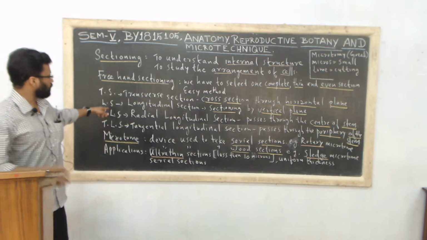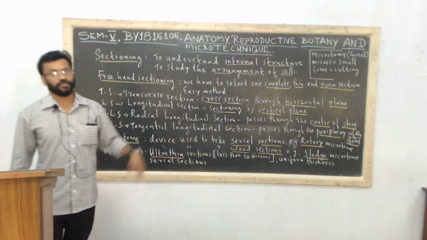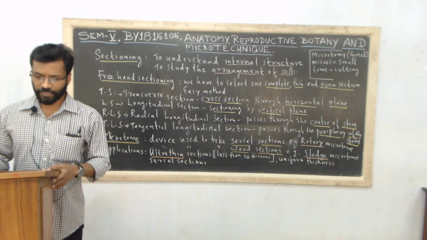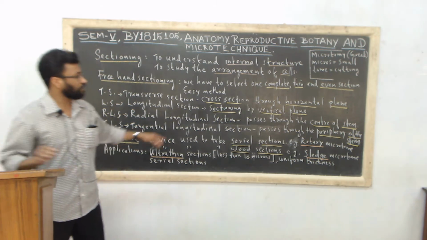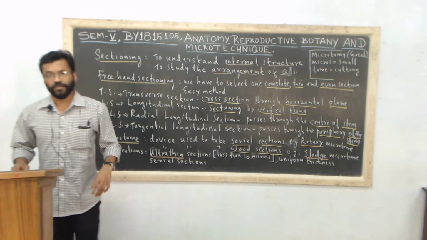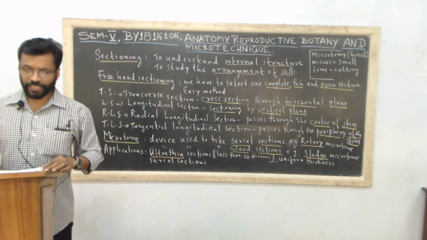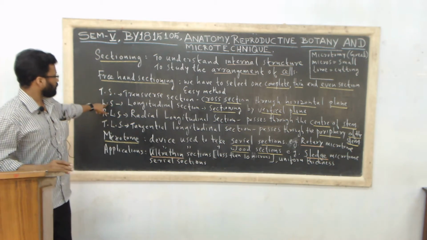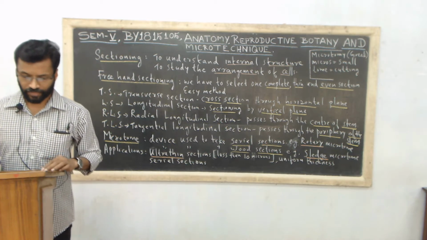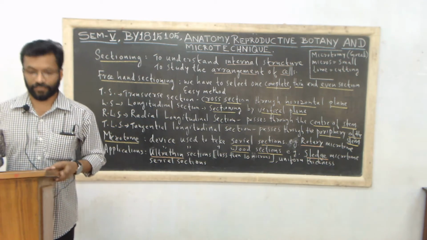The next one is LS, a longitudinal section. Longitudinal section means the section passing through the longitudinal axis or vertical plane. If you are asked to take sections of a flower, the sectioning method is LS, longitudinal section or vertical section.